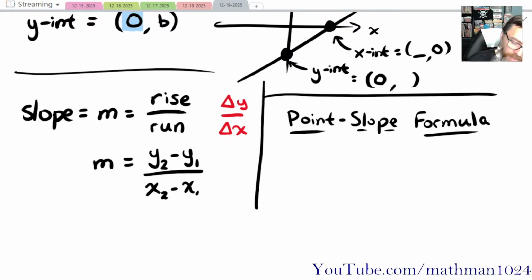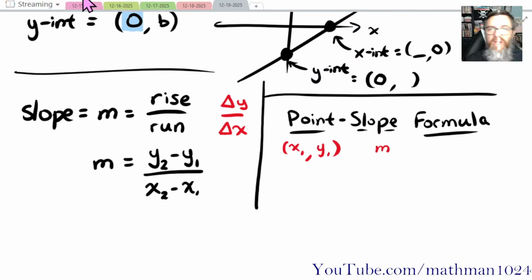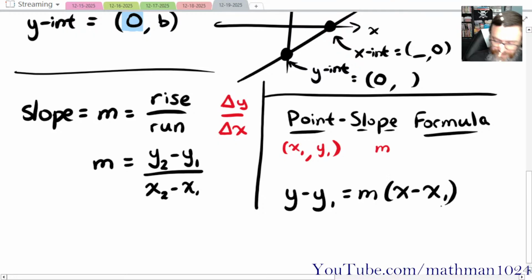The point-slope formula is going to take a point, and we'll call that (x1, y1), and it's going to take the slope, m, and it ties all of these together. And so this becomes y minus y1 equals m times x minus x1. That's your point-slope formula.